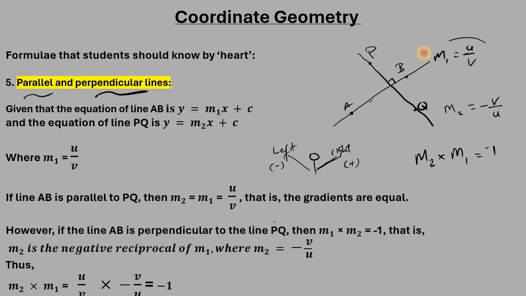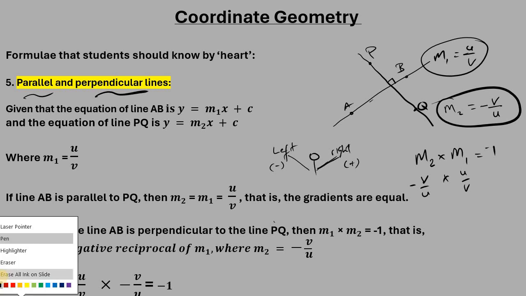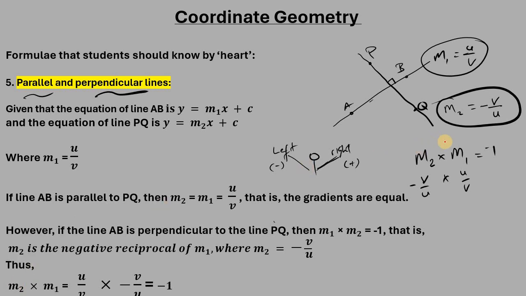Well, let's look at these two gradients from a pair of lines that are perpendicular. M1 is u over v, and M2 is negative v over u. If I simplify this, u into u goes once.